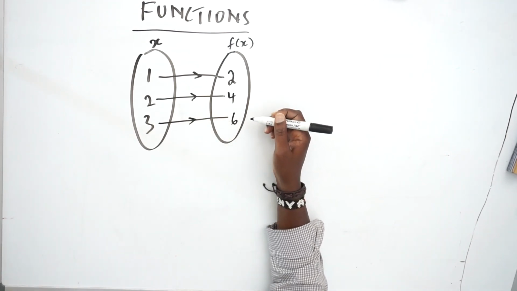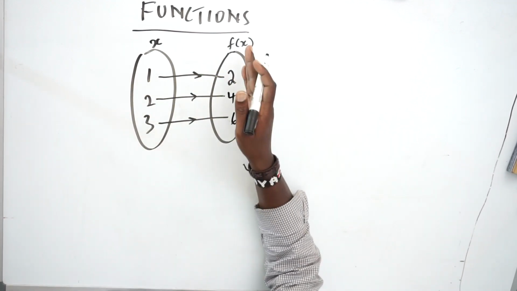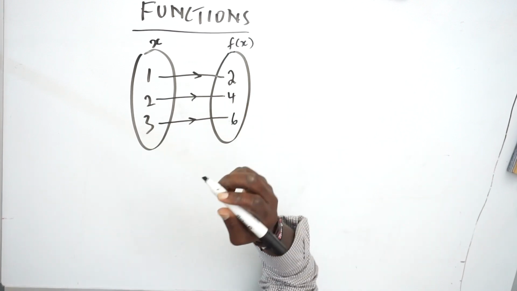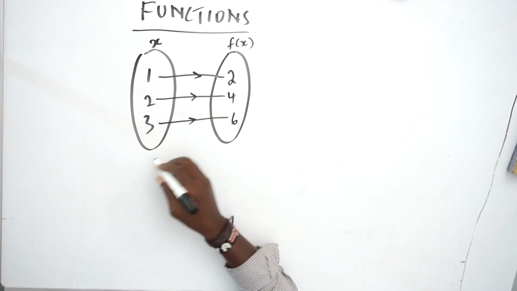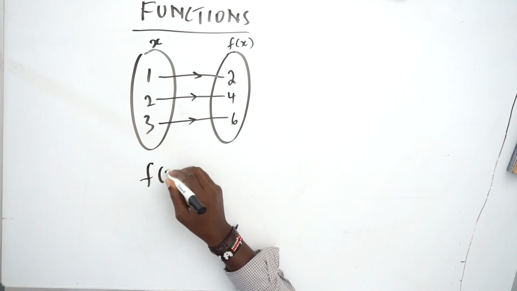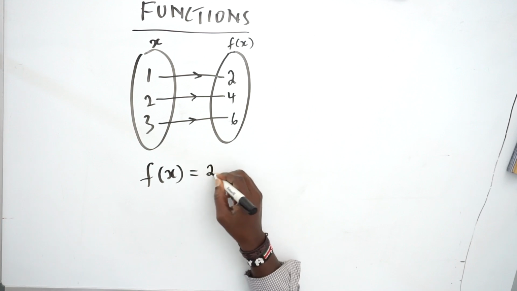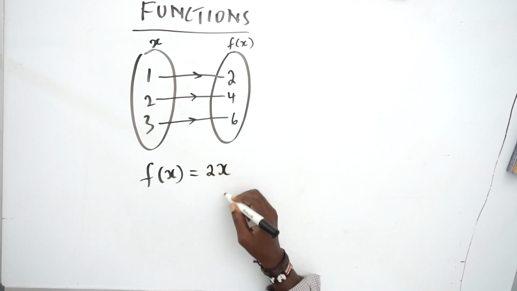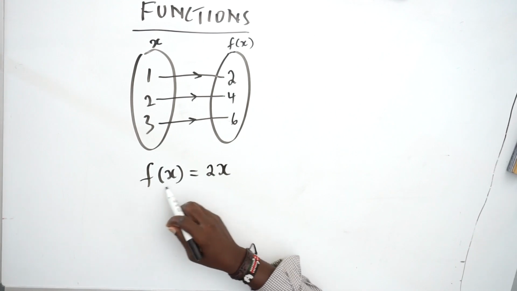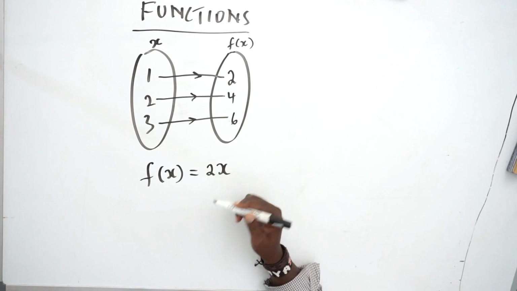3 is mapped onto 3 times 2, 6. When you have a relationship where a set of numbers is mapped onto exactly one image, we call such a relationship a function. And we could write this relationship in the format saying that the function of x is 2 times x, where if we know a value for x, to get the image f of x, we just multiply by 2.